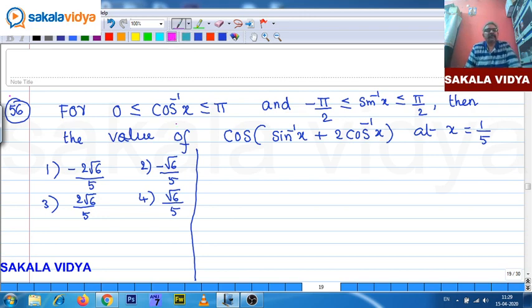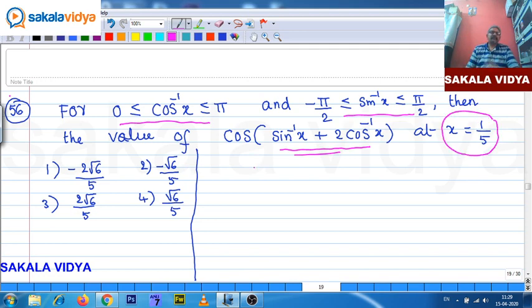So let me check. This is the cos x range. This is sin x range. We need to find out the cos of sine inverse x plus 2 cos inverse x at x is equal to 1 by 5. So first let us simplify this, after that replace x is equal to 1 by 5 so that we get a numerical value here. I would like to split 2 cos inverse x as cos inverse x plus cos inverse x.